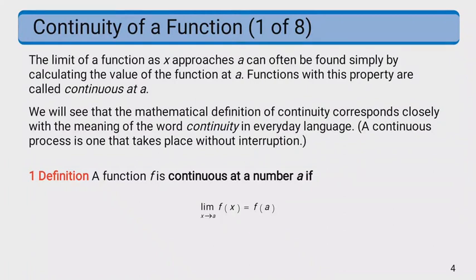So what we have seen previously is that you can evaluate the value of the function as x approaches a. And we know that there are some functions which you can straight away do direct substitution and then calculate the value of that function at x.